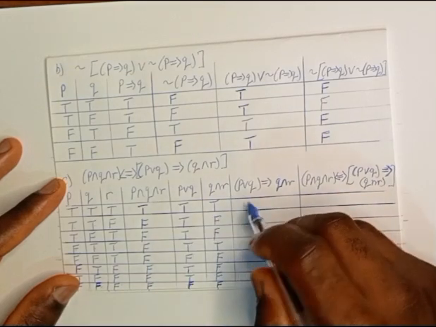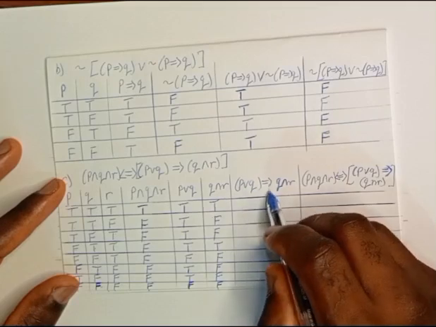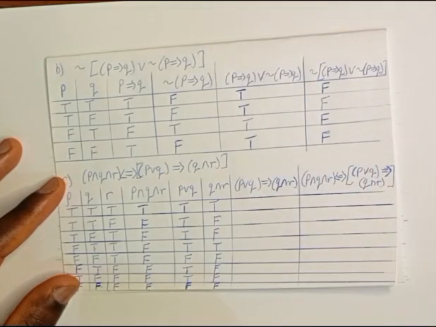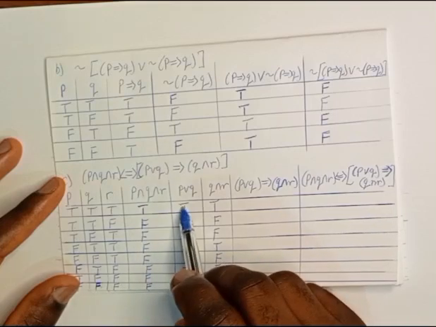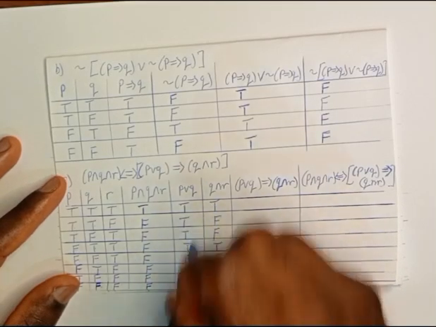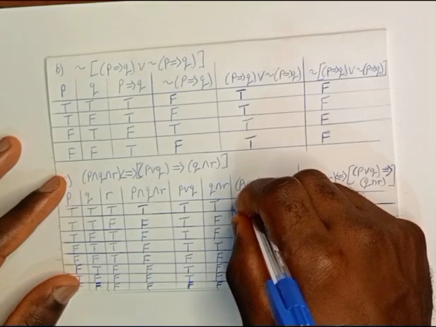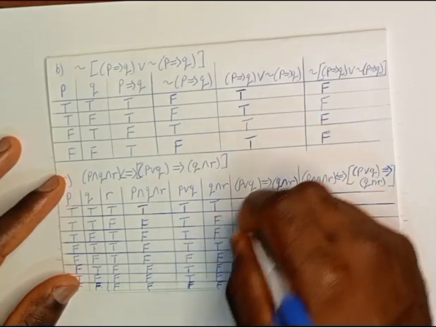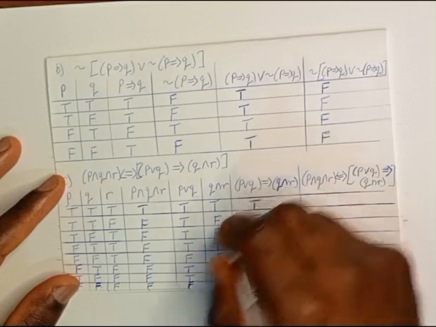We move now to P or Q, implying Q and R. This implying this. True implies true is true. True implies false is true.